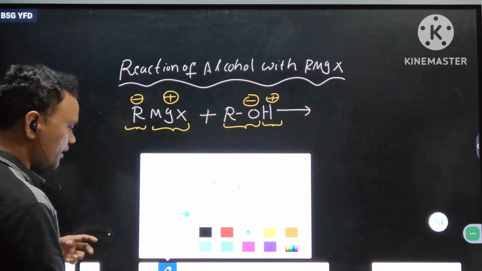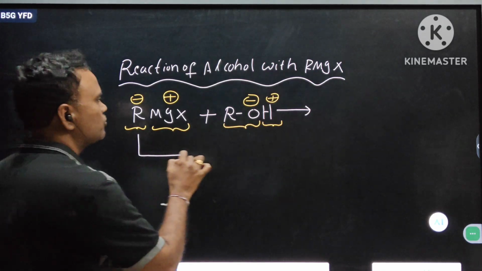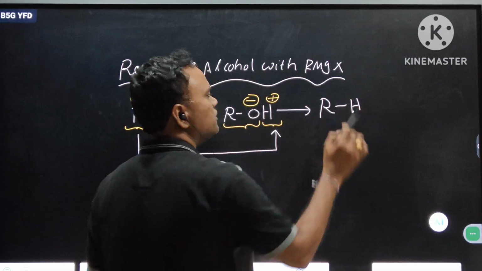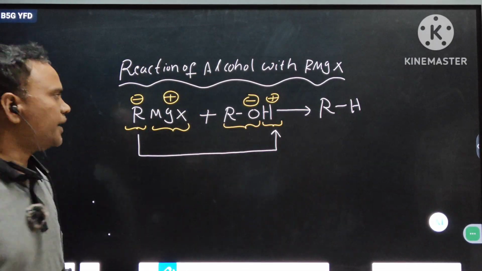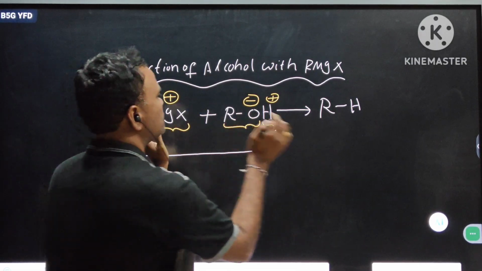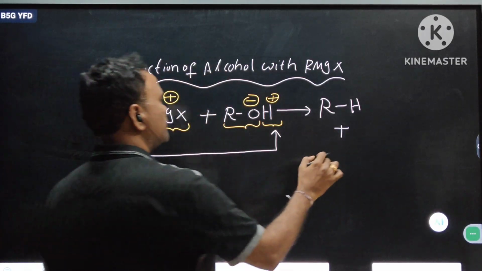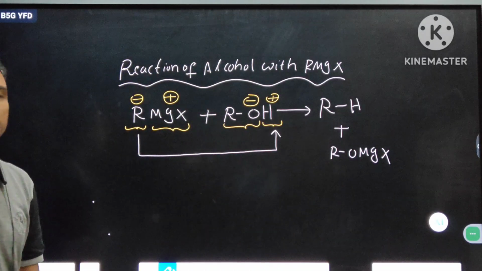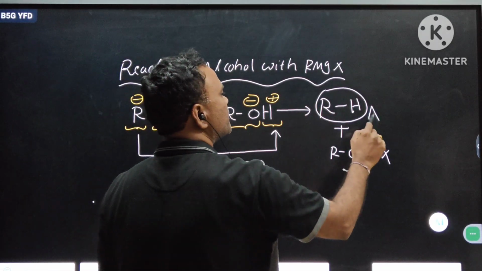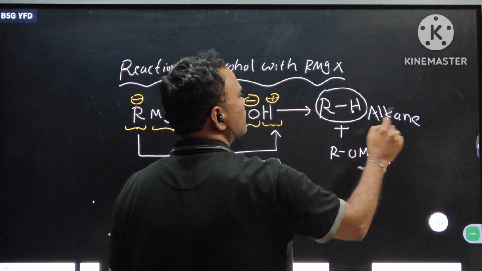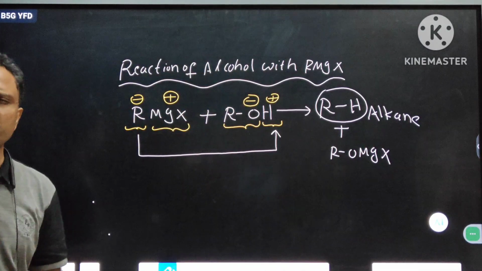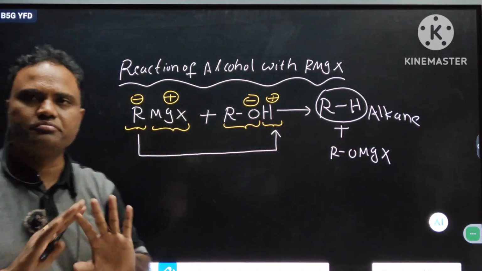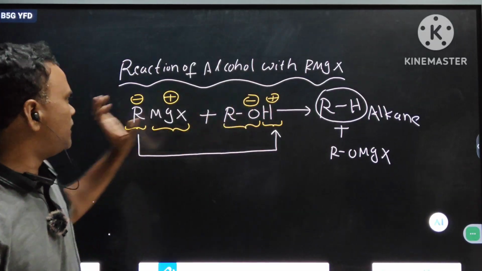R negative attaches to H to give alkane, and this positive MgX and this RO negative can be written like this, ROMgX. This is the main product. Alkane is the major product when Grignard reagent is treated with alcohol. Very simple. Take H from the alcohol and attach to R.